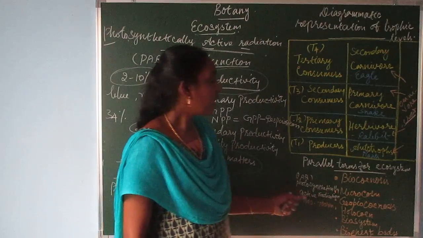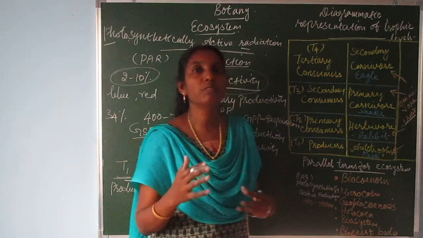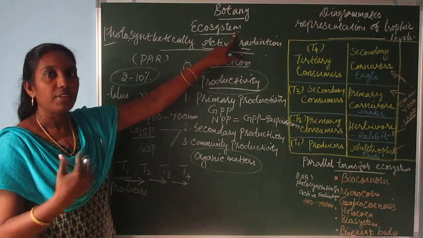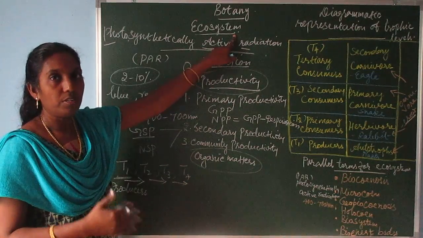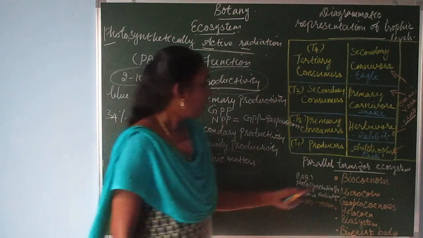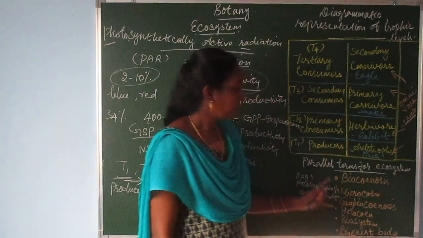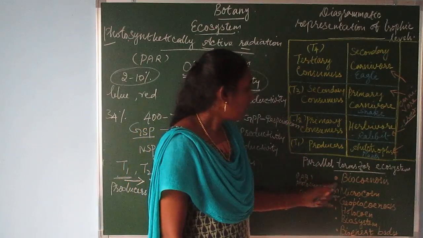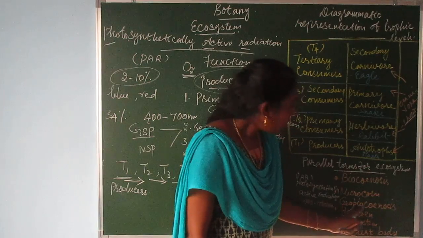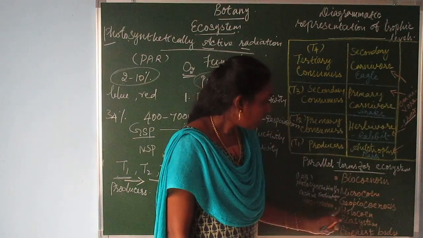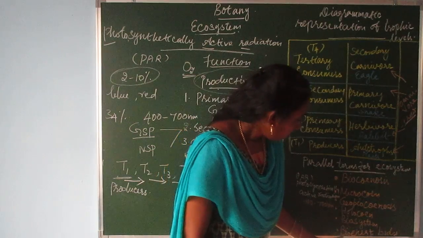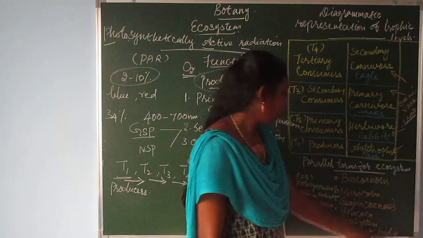Then one more question: there are some parallel terms for ecosystem. Here the topic is ecosystem. Different scientists give different parallel names to this ecosystem. They are biocenosis, microcosm, geobiocenosis, holocene, biosystem, bio-inert body.